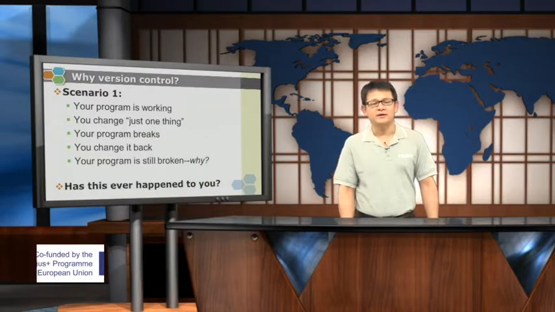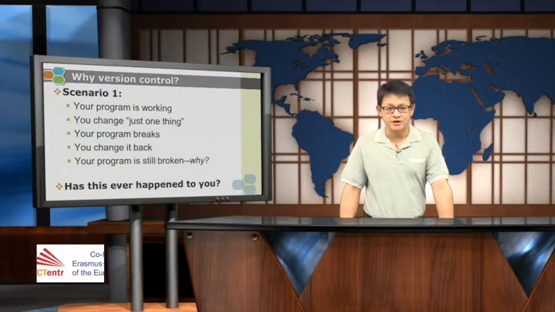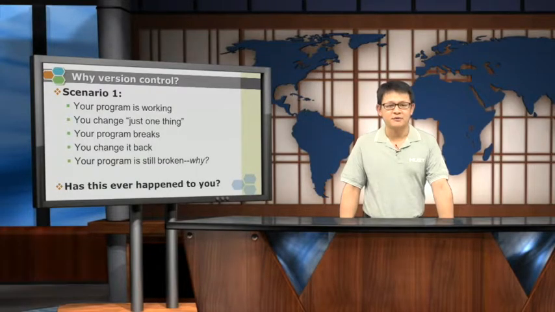So why do we need version control? Let's imagine some situations. The first situation will be that your program is working, and then you change that one small thing, and then your program breaks, and you don't know why.